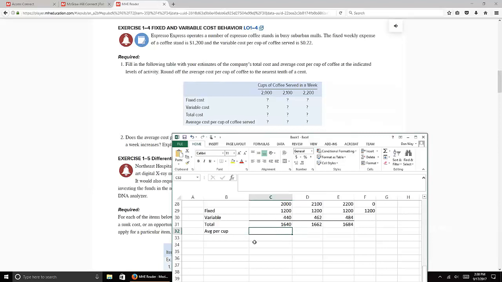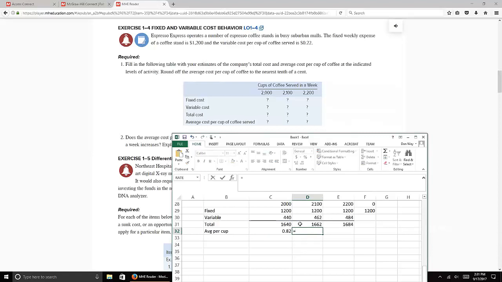So then average per cup, well, that's my total cost divided by my total cups of coffee. So in this first case, 2,000. Second column here for 2,100 cups.